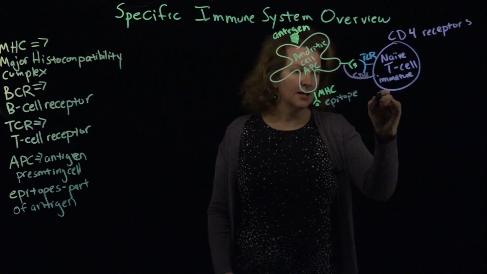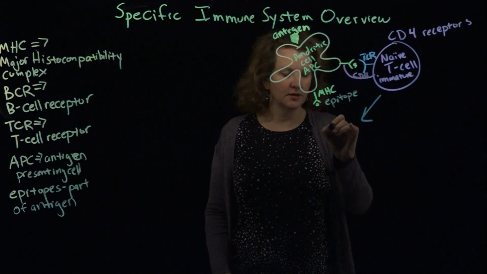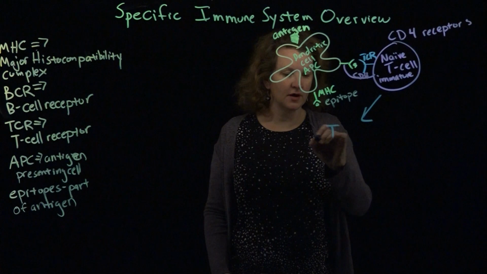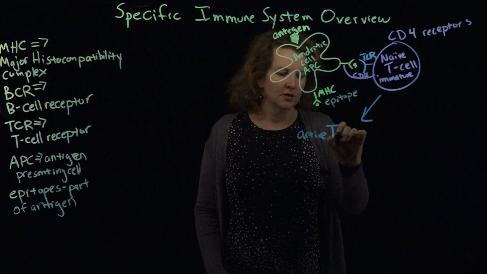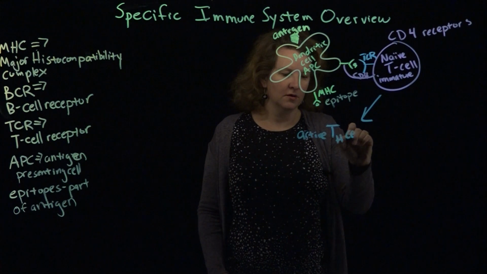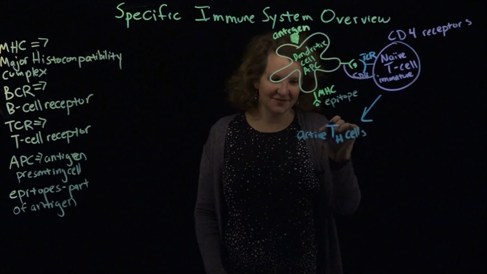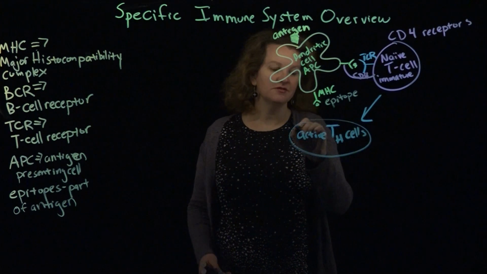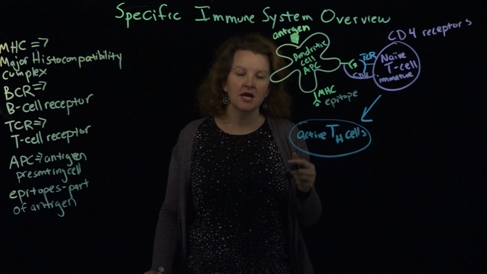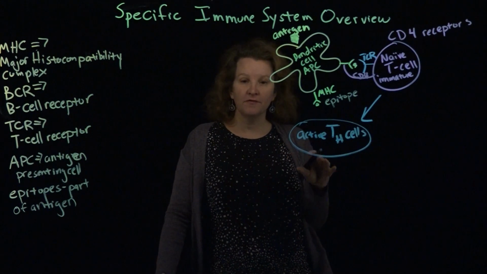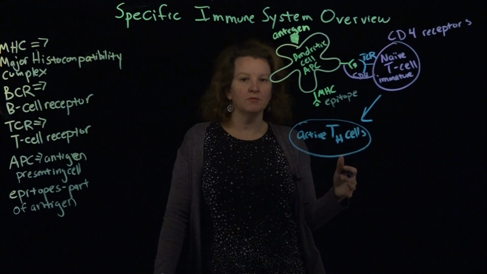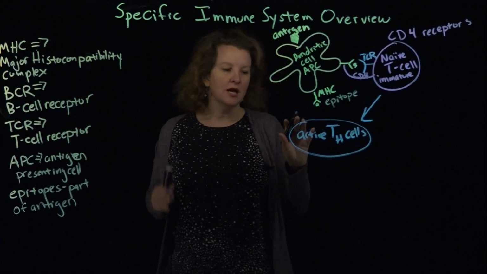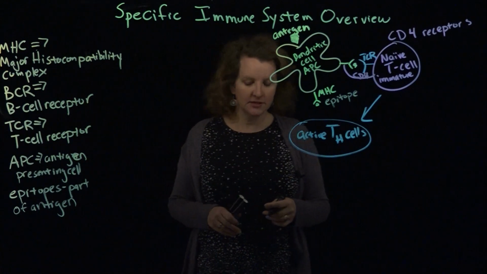Now when it divides, it can become different types of, we'll put, active or mature. And there are different types of T cells, or T helper cells. There are different subtypes, and they have different stimulatory functions, but in general they stimulate different white blood cells. So that's kind of their big picture activity.